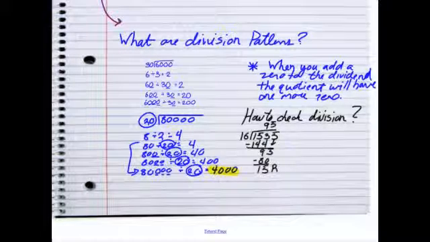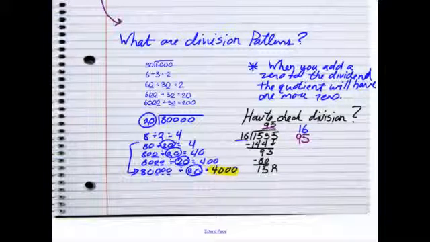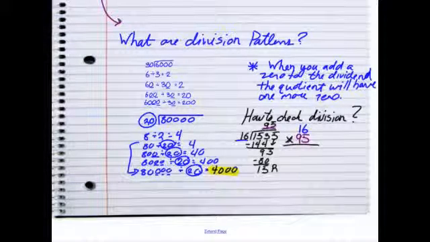So what I should be able to start with is 16 times 95, and that should get me somewhere close to my 1,535. So if I do out all that multiplication work, which I've already done in my notes, but you may do in your notes, you get 1,520.